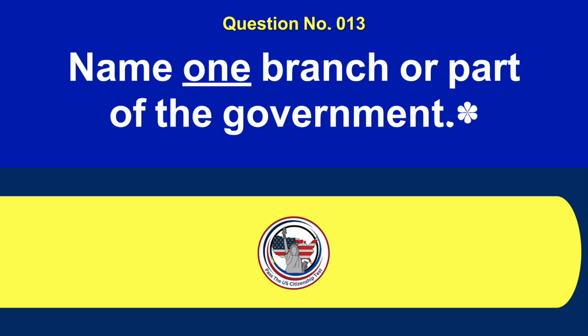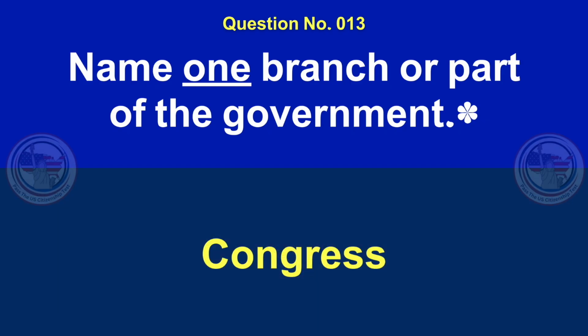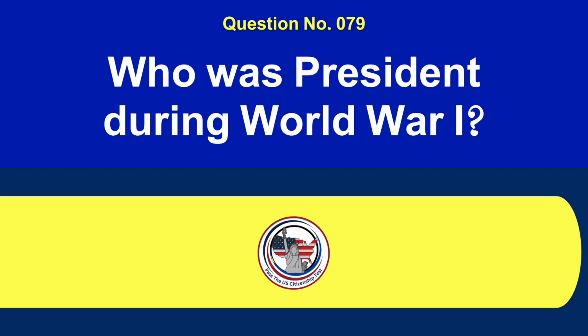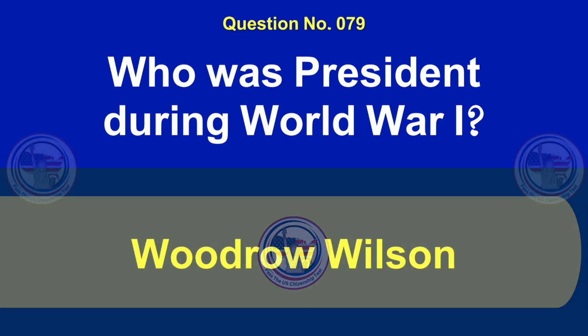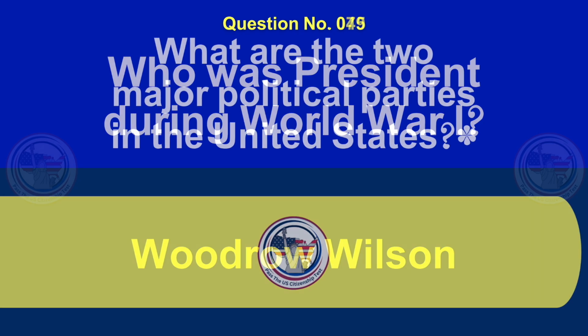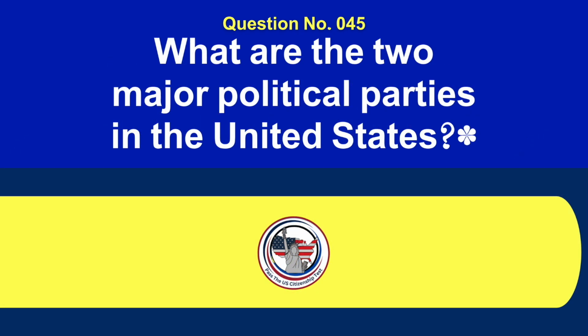Name one branch or part of the government. Congress. Who was president during World War I? Woodrow Wilson. What are the two major political parties in the United States?